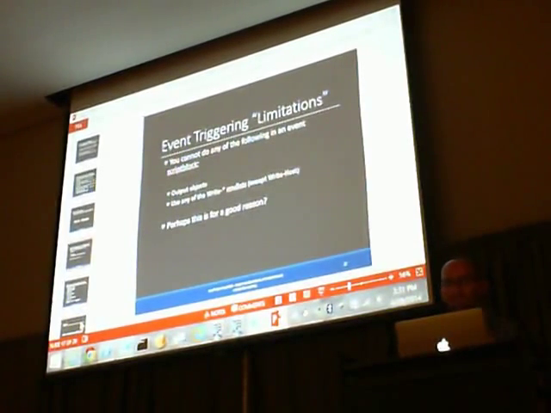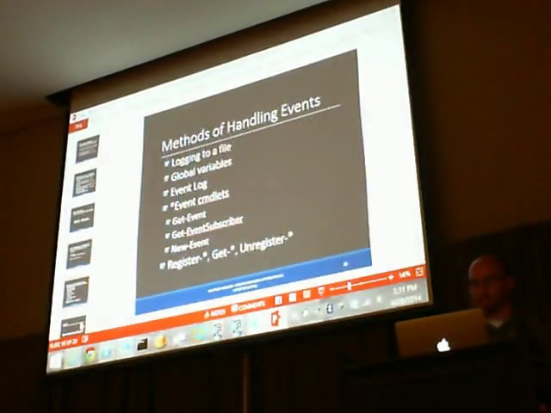So considering these limitations, which really are positive limitations, what can we do to capture objects that get created while we're triggering an event? Okay, so we can log to a file. You saw I did that logging anytime a DLL was loaded into a process. As Jeffrey said, we can use global variables. We can use the event log.